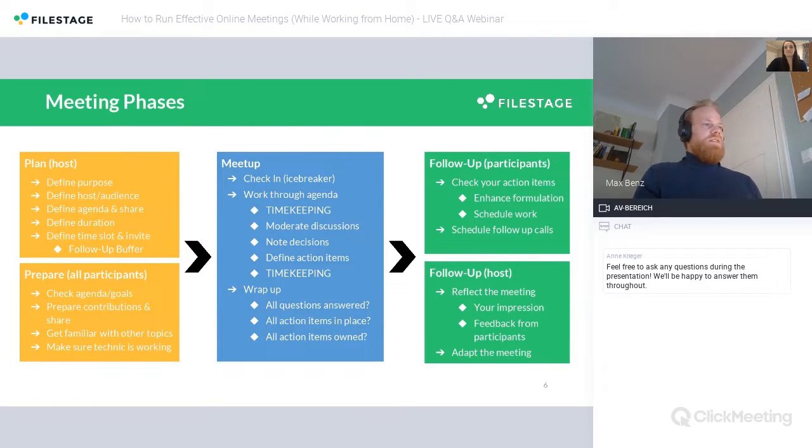So after planning, there's this preparation part: checking the agenda and the goals, preparing the contributions, and also making sure to share them with the team. That's also, again, this online availability and accessibility of data, which you also have seen here.